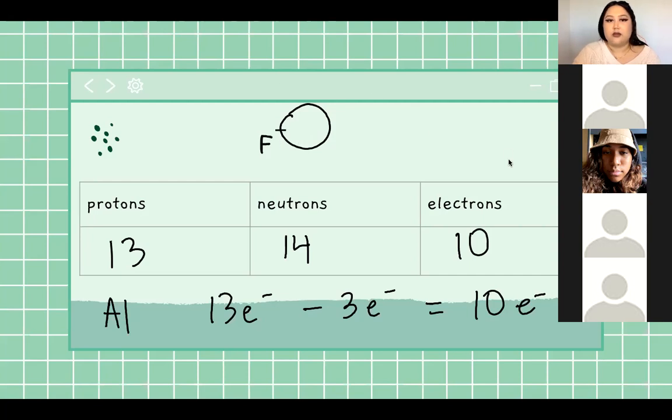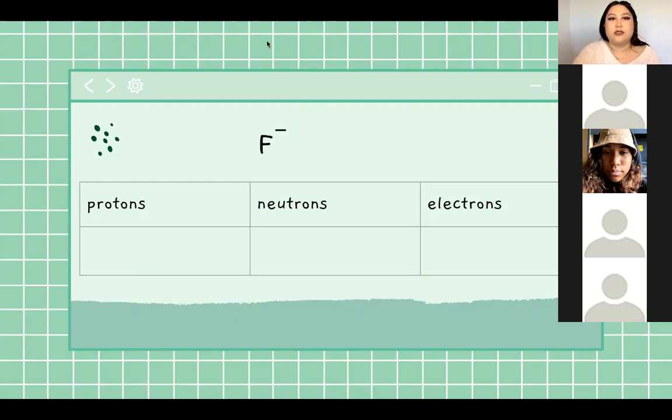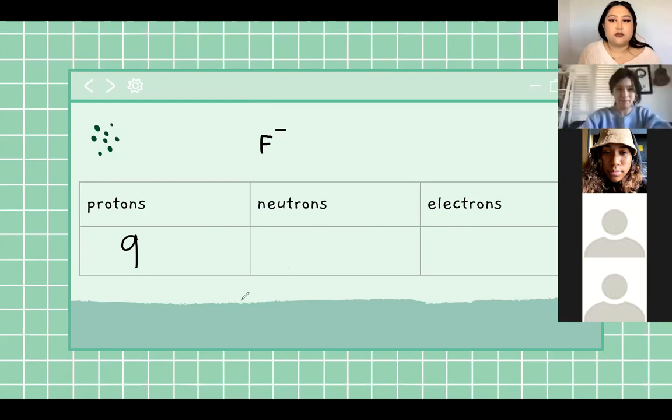Okay, and then for fluorine -1, how many protons are there? Nine. Then the neutrons? 10.